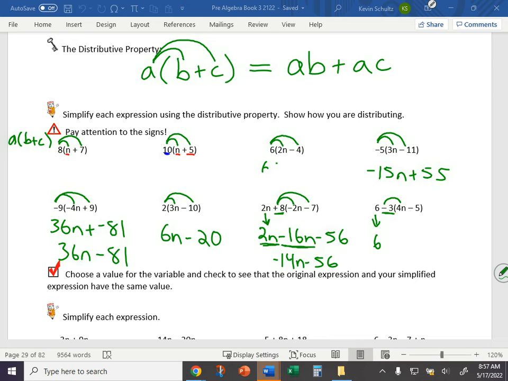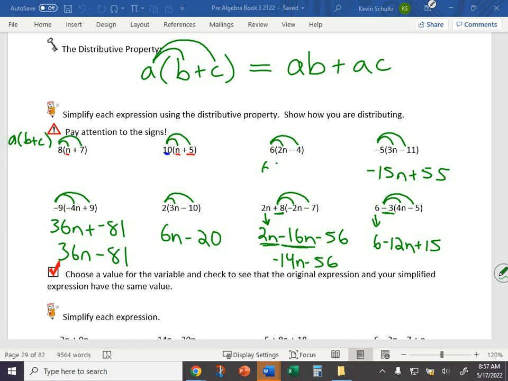Negative 3 times 4n is how many n's? Everybody? Negative 12. Okay? Written as negative 12n. And then negative 3 times negative 5. Everybody, 1, 2, 3. Positive 15. So it's written as plus 15, since it's positive.